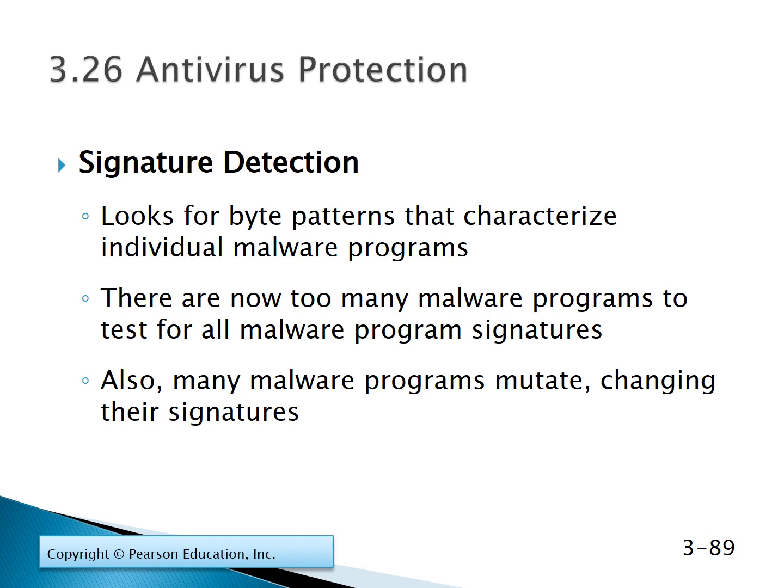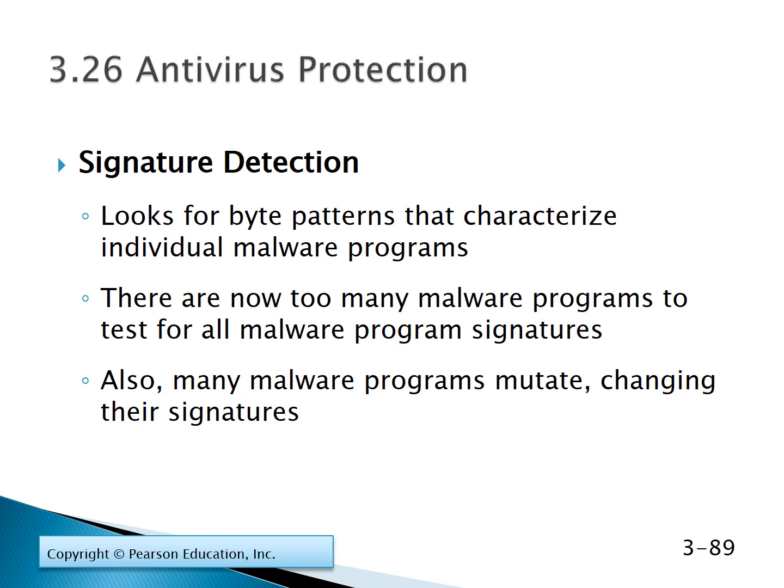Right? So there are, of course, now too many malware programs. There are so many malware programs that have been built over the years. So it's actually getting more and more difficult to test for all the malware program signatures. So this scanning actually becomes more difficult. So a lot of times you may be doing something like the quick scan. So it's looking for the more popular ones, but the less popular ones sometimes may not be checked.